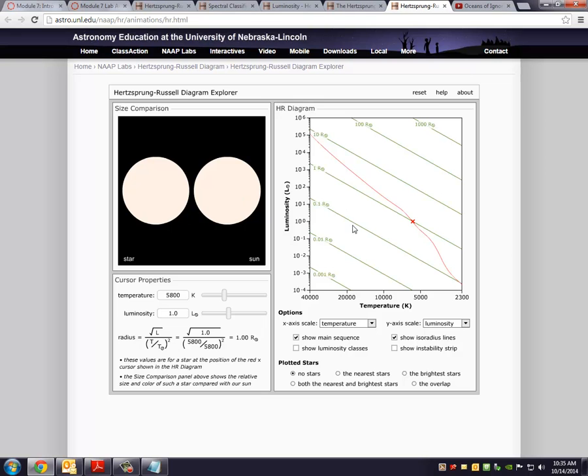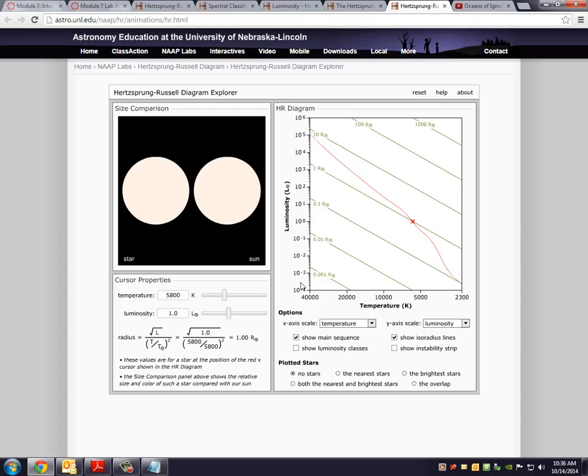And so really this is a pretty simple simulation. What you can do is just click. Right now the cursor, this little red X, is on the graph. If we read the Y coordinate, the Y coordinate is 10 to the 0 luminosity. Now, one thing that may be unusual for a lot of you is this axis here.